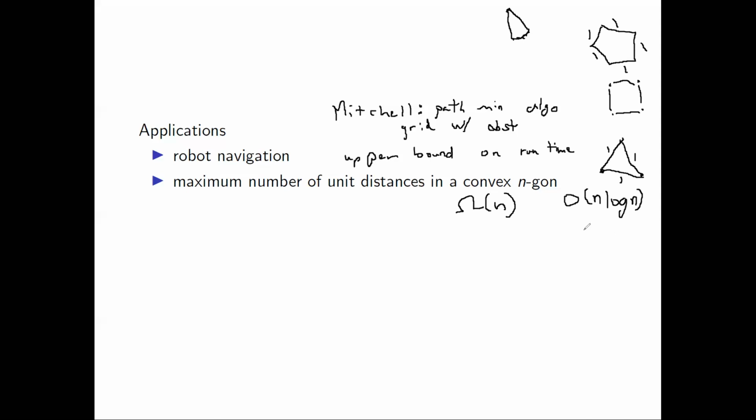And this has been the state of them up to a constant factor for decades. And this upper bound is proved using 0-1 matrices. The lower bound is just a construction. In fact, the construction that we drew here and here and here, the generalization of that gives that lower bound.